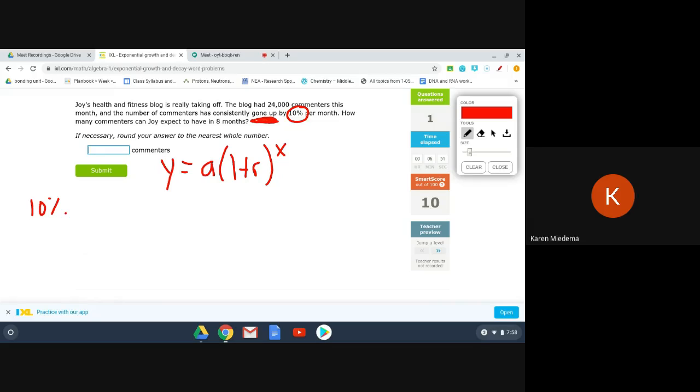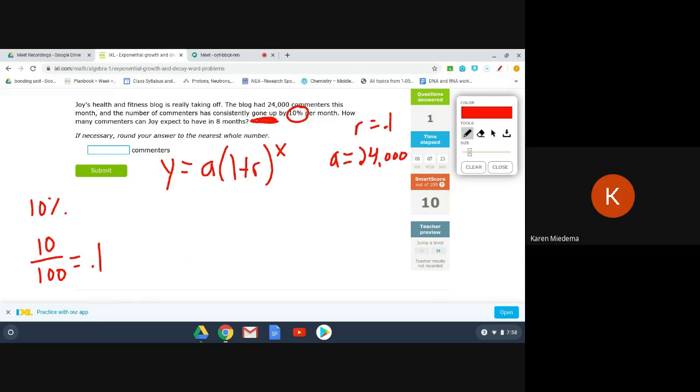In order to change a percentage to a decimal, you take the percentage and divide by 100. 10 divided by 100 is 0.1. So we know that r is 0.1. Now the blog had 24,000 commenters this month. Well, that's the starting value, the starting number, 24,000.